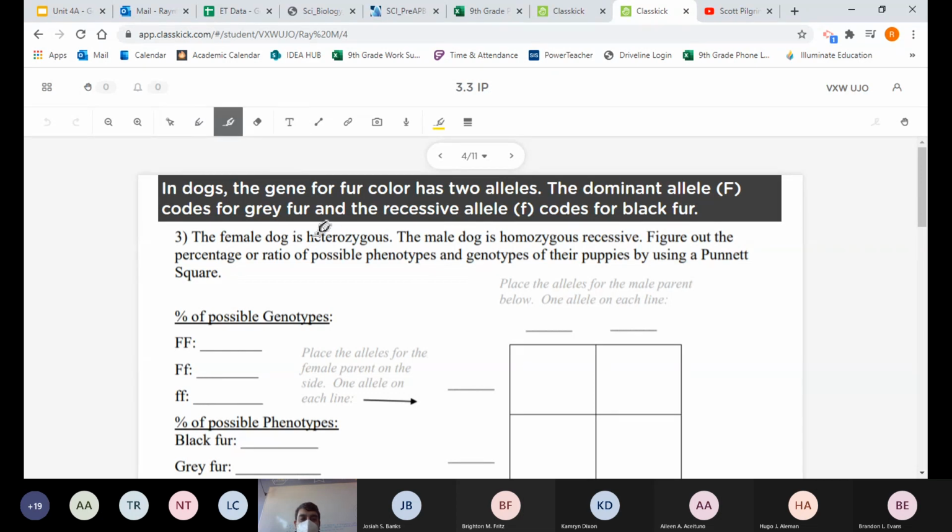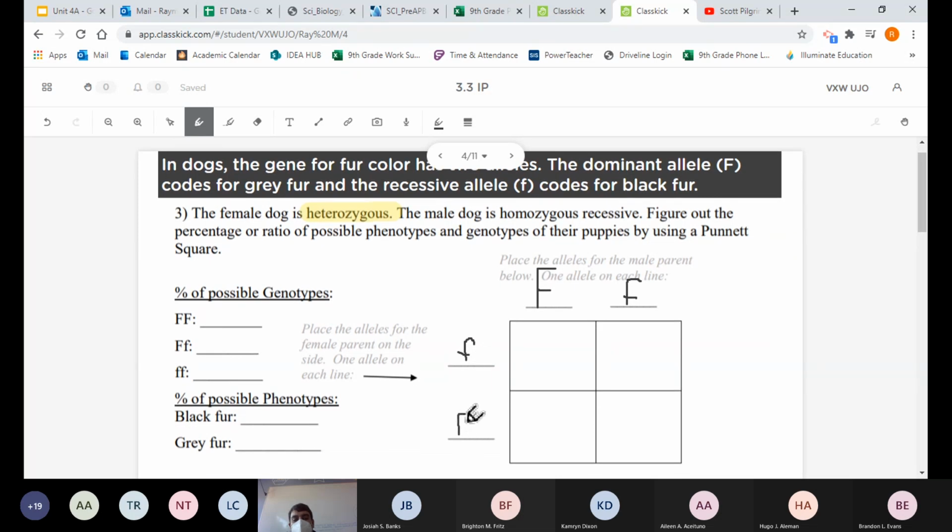So mom is heterozygote. So that makes it easy, right? We're dealing with F's, so we're going to have big F and little f. Now, the male dog is homozygous recessive. That means that he is going to be little f, little f.